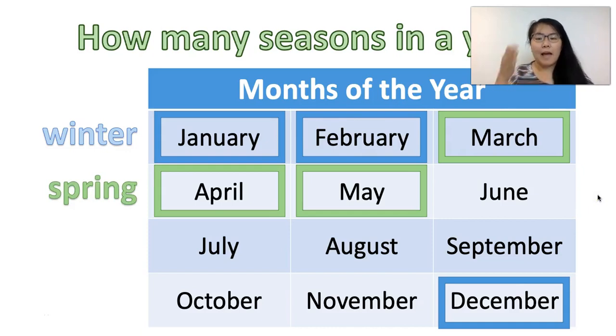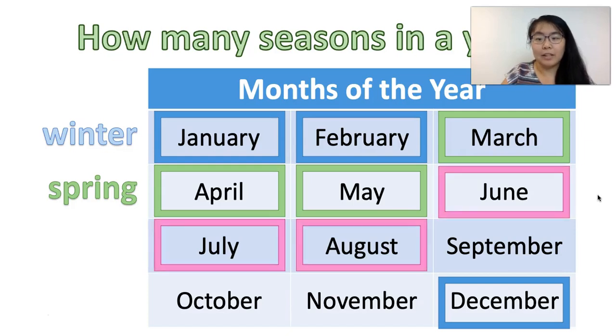And what comes after spring? What is after spring? Summer. Good. These are the summer months: June, July, and August are the summer months.